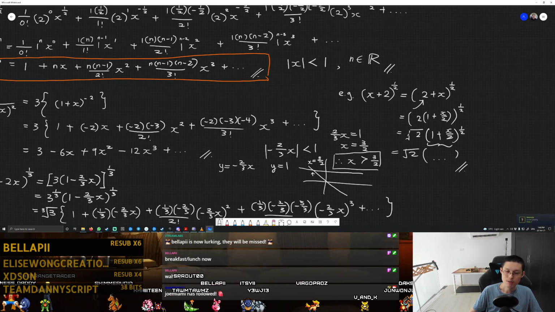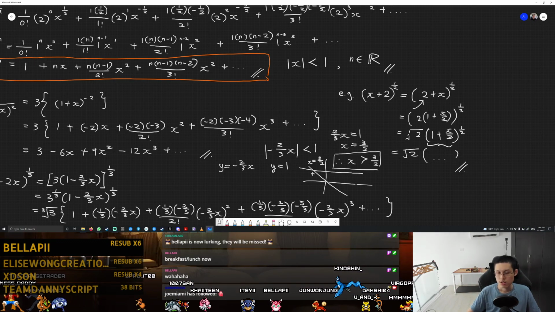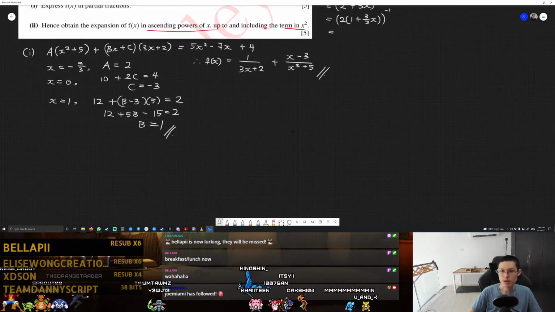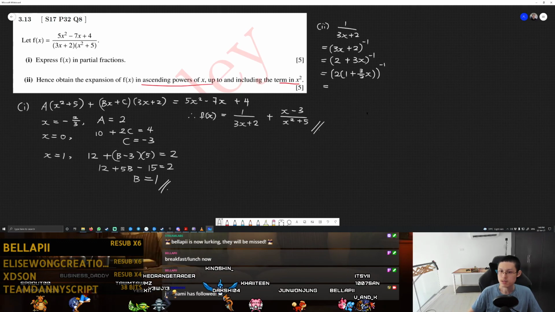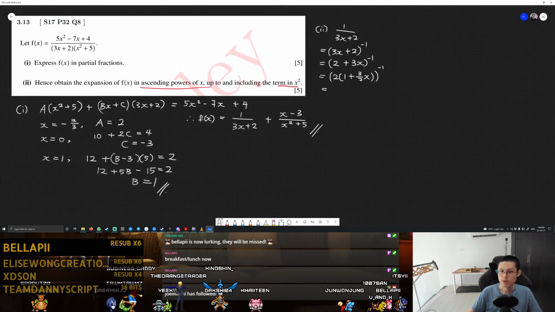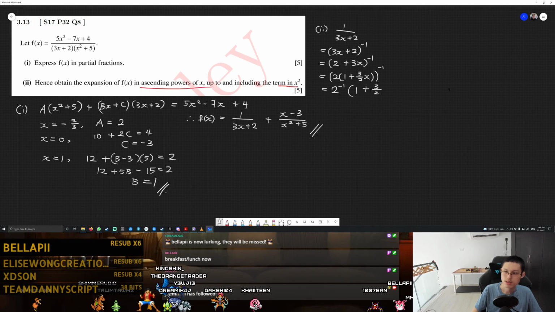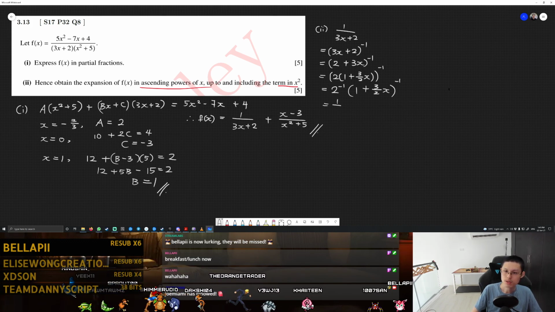You have to use what we've learned in the first chapter to work this out. Come back here, we'll do an example related to that later. Let's try to expand this guy here. We get 2 minus 1, this is 1 plus 3 over 2x to the power of minus 1, and then this one is 1 over 2.